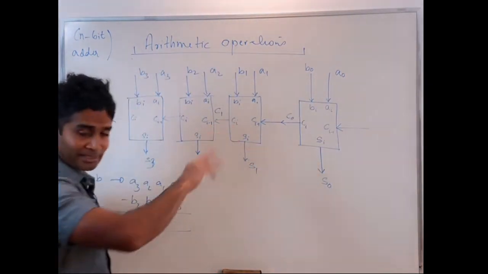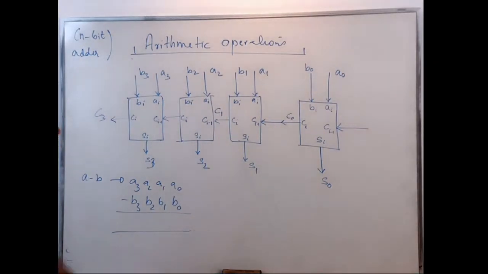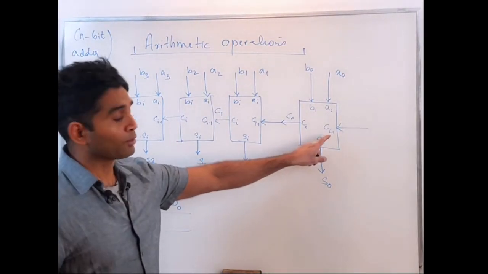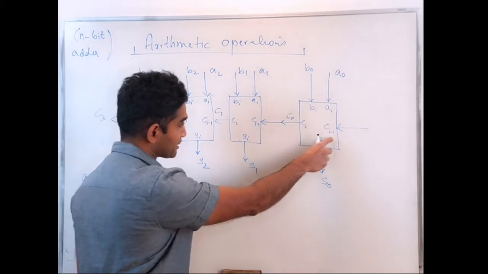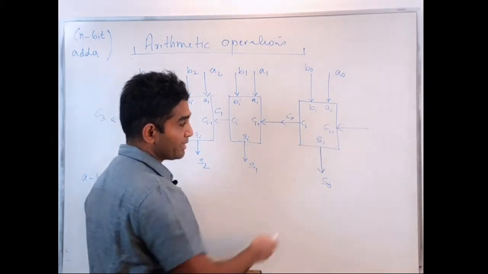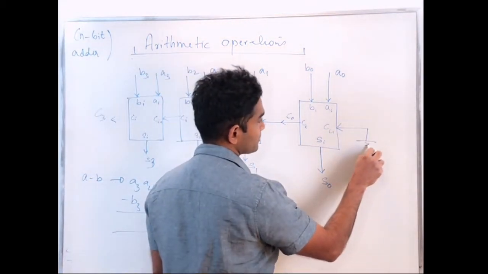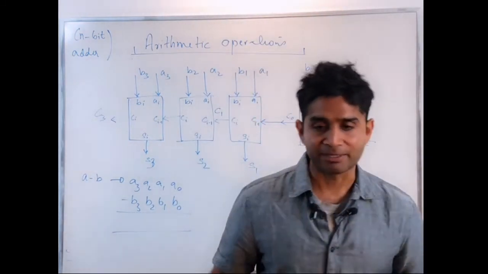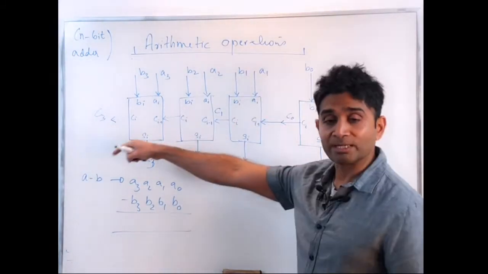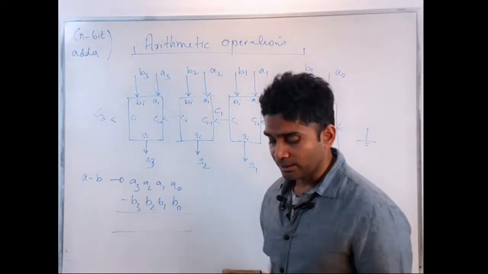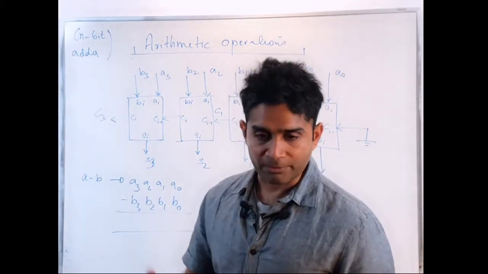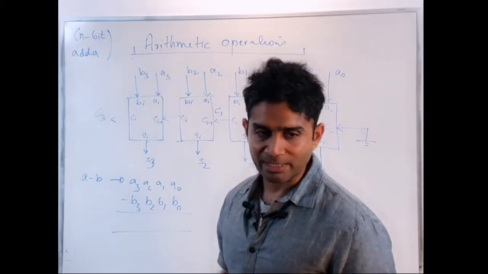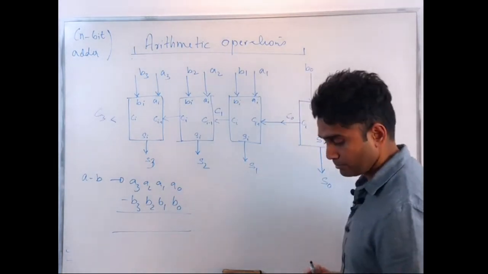This is an adder circuit that can add 2 4-bit numbers together. Because this is my first bit, I don't have a carry in, so I need to ground it. The subsequent bits, of course, do have a carry in that I have to consider to add along with the bits. But in this case, I don't have that, which is why I ground it.